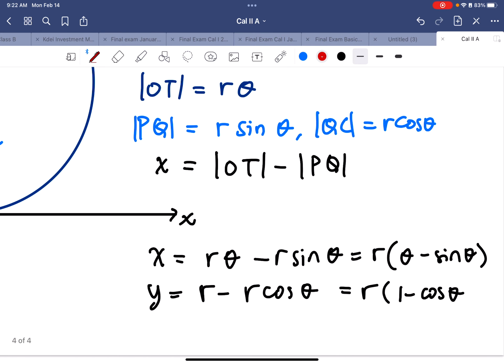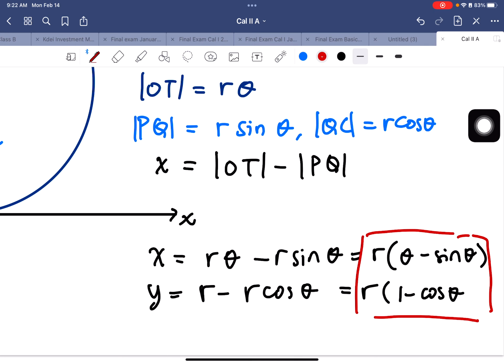So these equations specifically say how the cycloid moves, or the position of the cycloid.